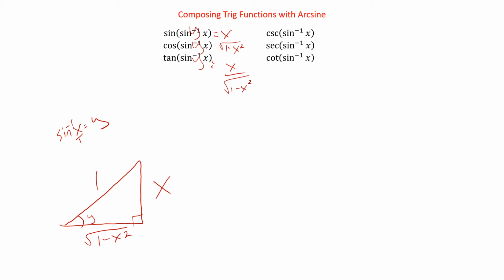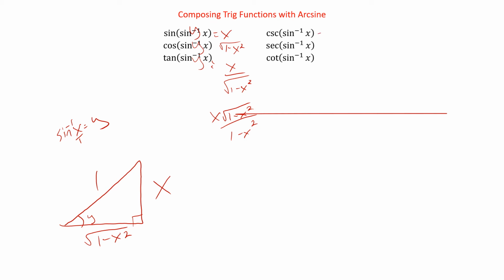If you really feel the need, you could multiply both sides by the root to get x times root 1 minus x squared over 1 minus x squared. You could do that, or you could leave it with the root in the denominator for now.